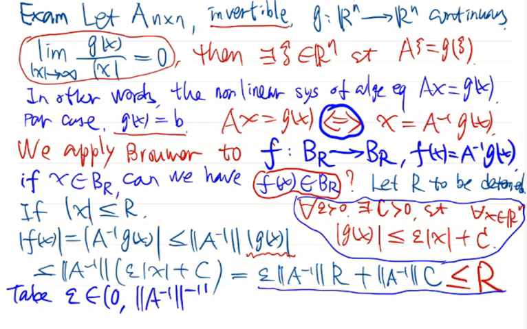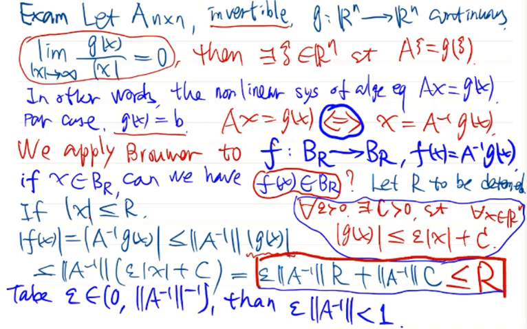Then epsilon times the norm of A inverse is less than 1. So the coefficient of this inequality is less than 1.